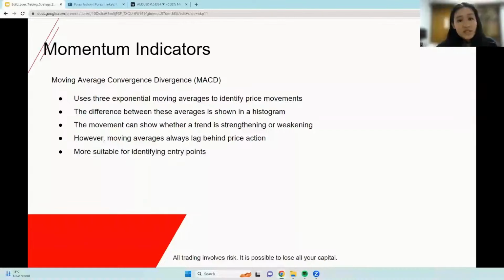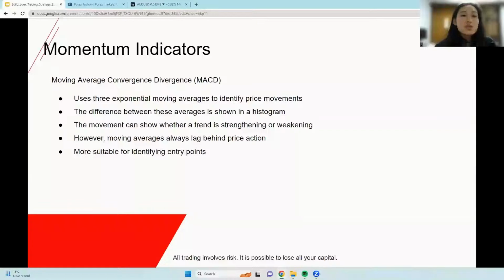So MACD is best used for daily periods where the traditional settings of 26, 12, and 9 days is the norm. MACD triggers technical signals when the MACD line crosses above the signal line, which would signal that you can go for a buy, or falls below it, which is a signal for sell.